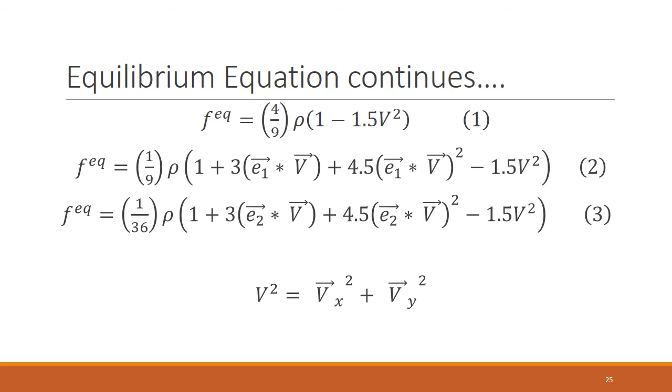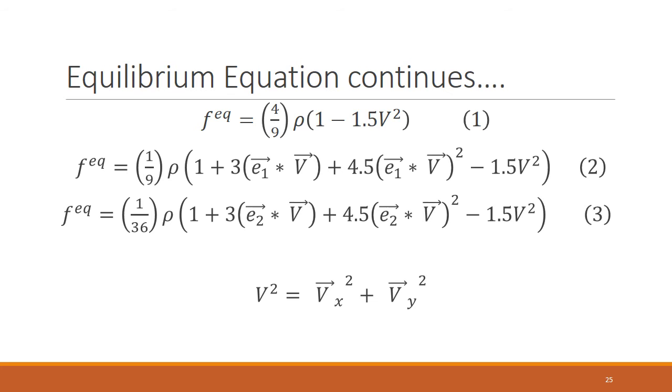If you look at the bottom, I have v squared is equal to vx squared plus vy squared. So we have the velocity in the x direction and y direction, a vector, because it has a direction of motion.